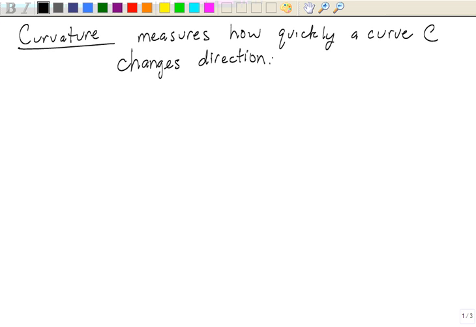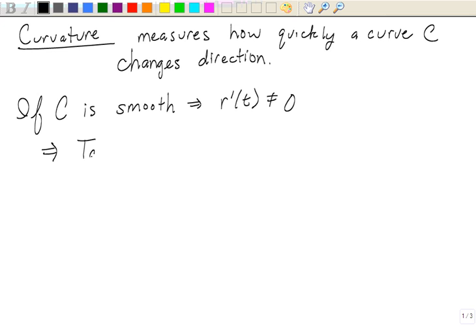So let's start out with a couple of definitions. If C is a smooth curve, then the derivative of r is never 0, except maybe at the endpoints.